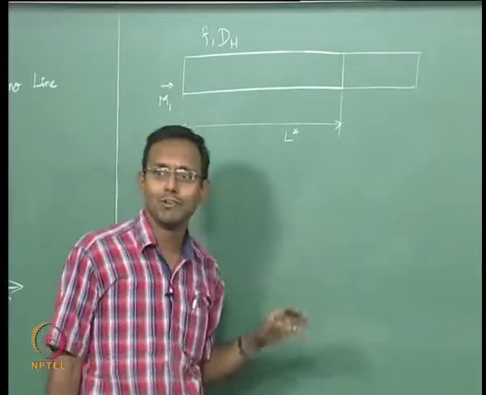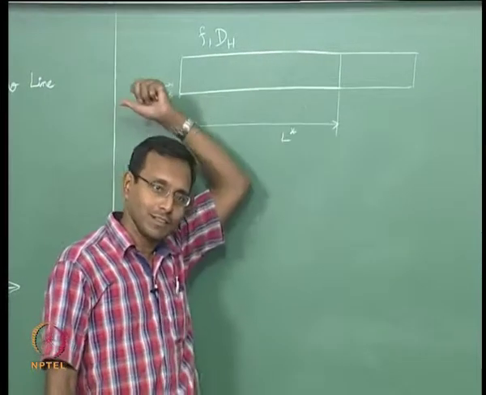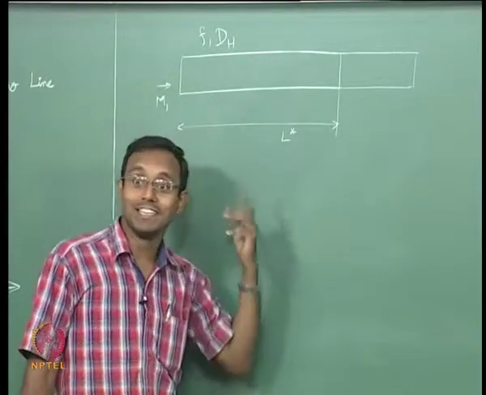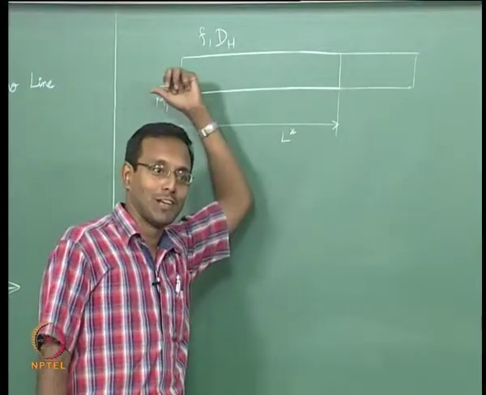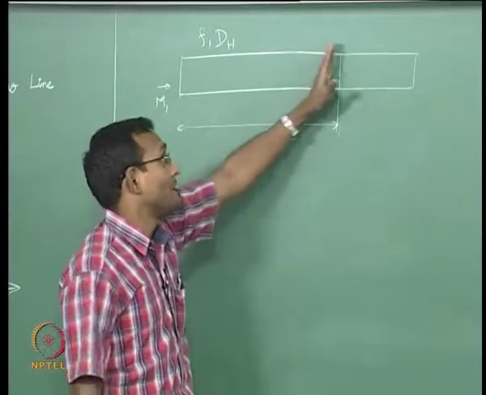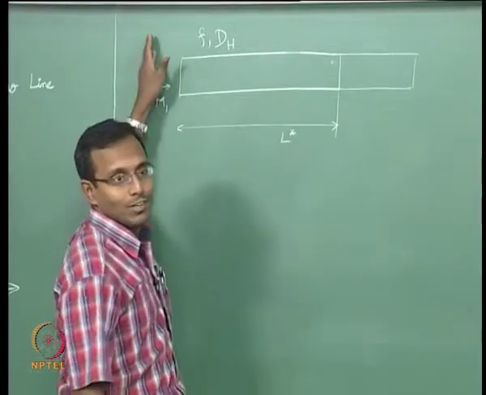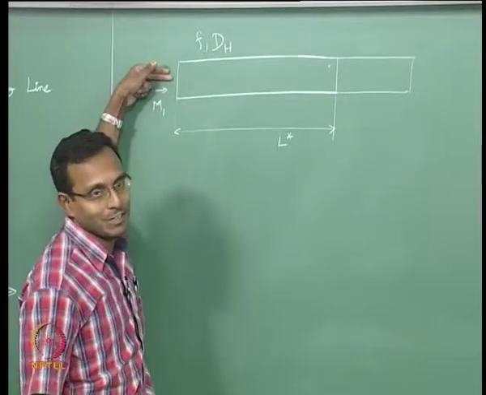What will a compression wave do to a subsonic flow when it is traveling this way? It will decrease the velocity, right? Compression waves are going to tell, don't go there, come this way along with me, right? So it is going to decrease the velocity and it will keep on going in, all the way to a point where it will go to the front and change the inlet velocity here.